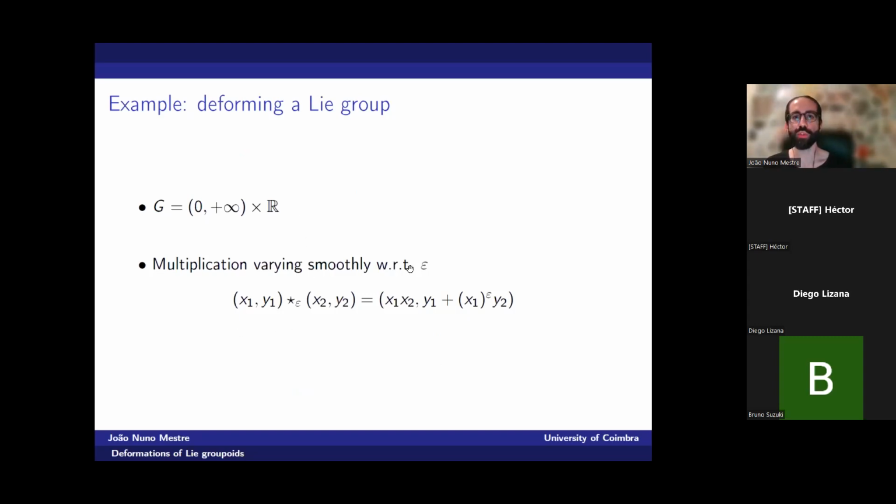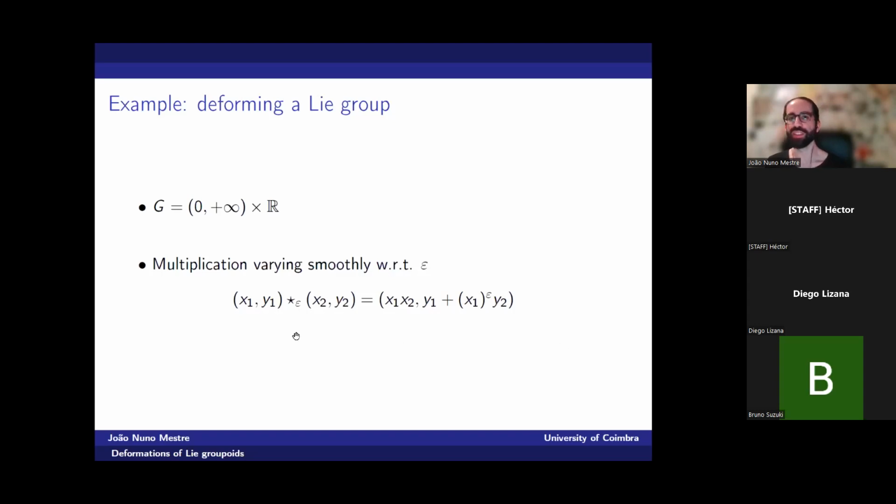And define this new, varying multiplication with respect to a parameter epsilon to be, on the first factor, still just the multiplication of my positive numbers x1 and x2. On the second factor, instead of just having y1 plus y2, I'm going to twist this product a little bit by something depending on epsilon.